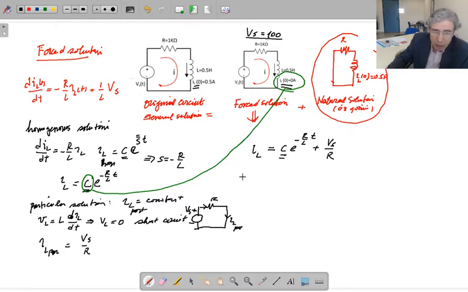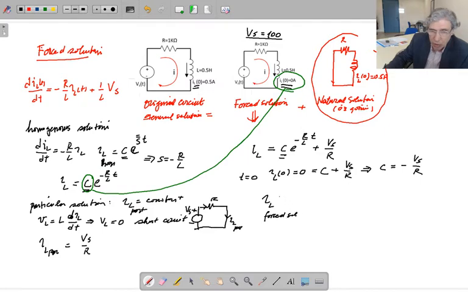If I replace t equal to 0, then this becomes IL(0), which is equal to 0, equal to C times e to the power 0, which gives you 1, plus Vs over R. Then from that I can find that C is equal to minus Vs over R.